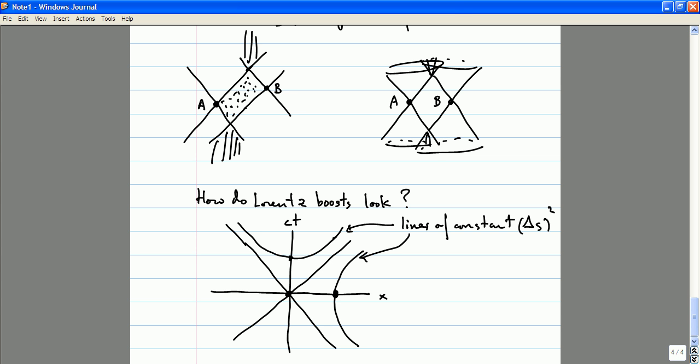And these hyperbolas are asymptotic to the 45-degree lines, the 45-degree null lines.